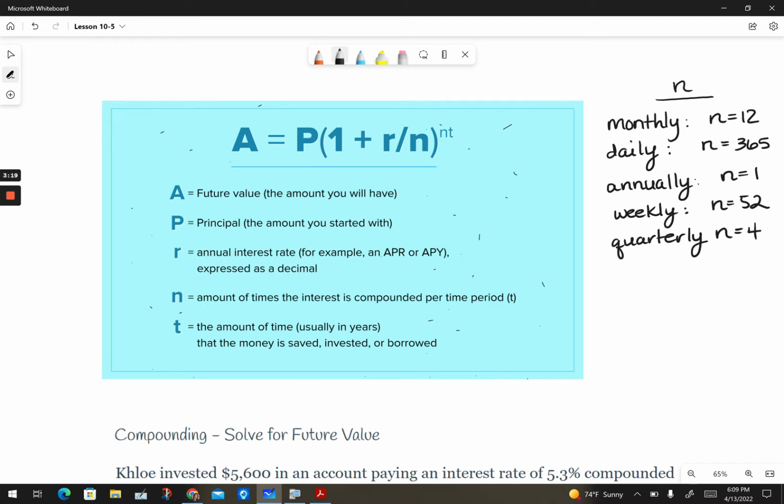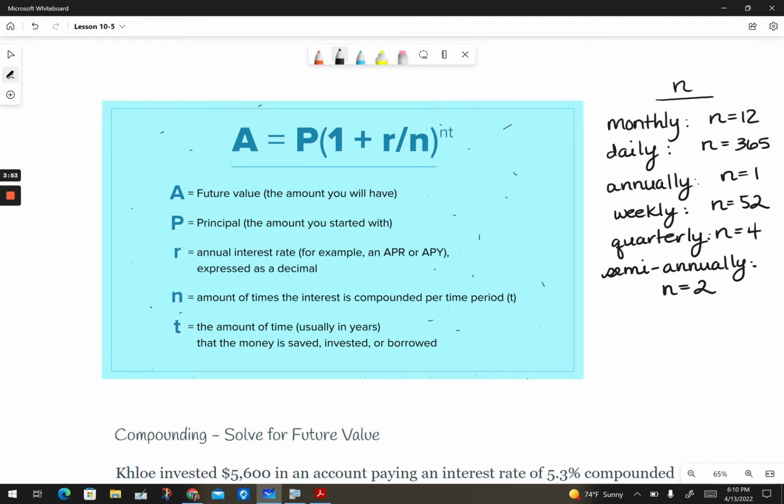And the last one, semi-annually, tends to be N equals 2. So these are the more popular ones that you will see. You need to look out for those words so that you can establish what N value you will be substituting into your formula. Let's jump right into some application problems that give us practice working with this compound interest formula.